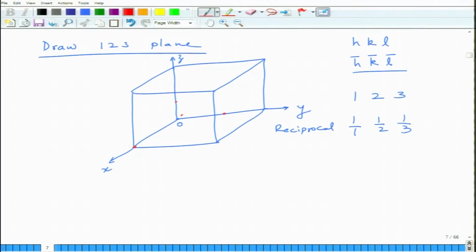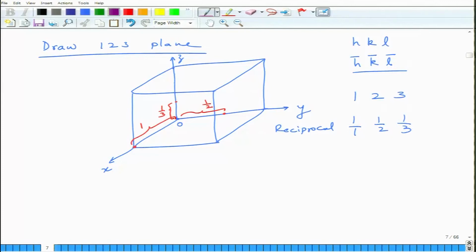So, this is half, this is 1/3 and this is 1. Half, 1/3 and 1 is with respect to the lattice parameter. So, it is half of the B lattice parameter, 1/3 of the C lattice parameter, and 1 means equal to the A lattice parameter.